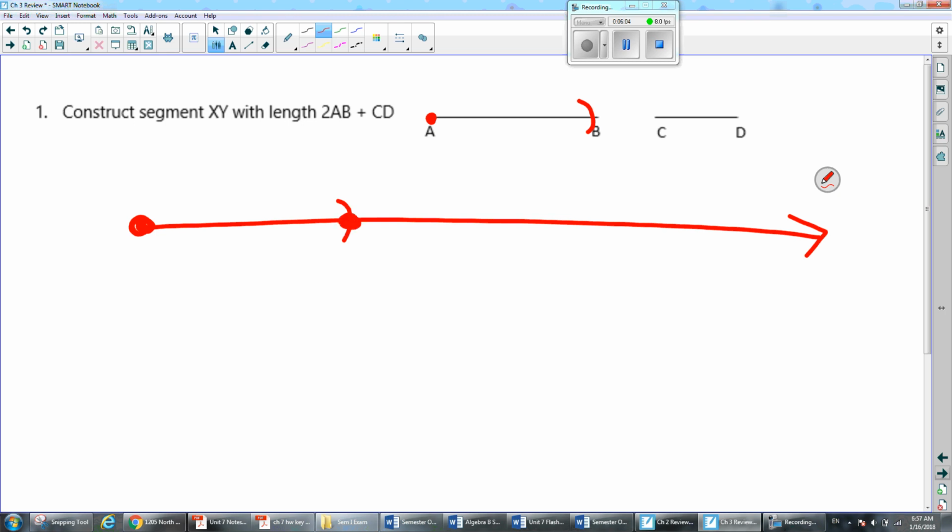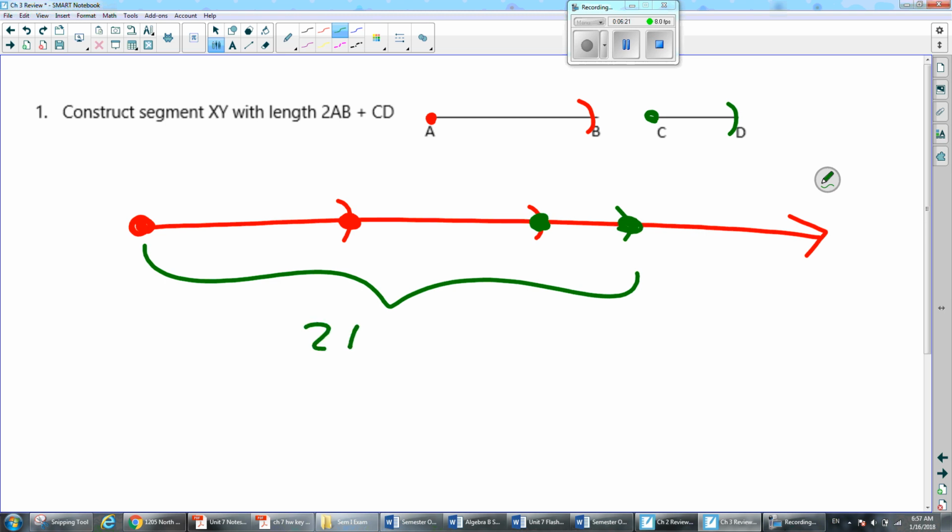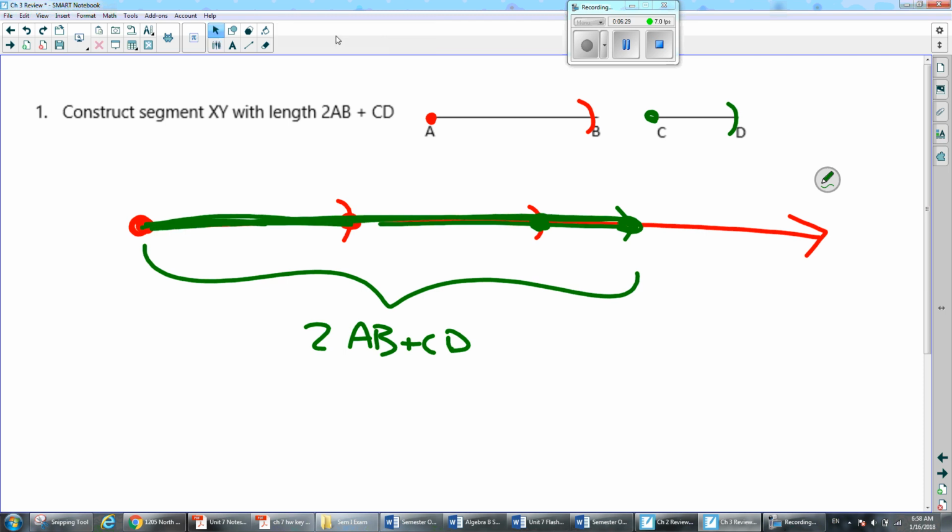Now I'm going to put my golden circle here. There's 2 AB. Then I'm going to put my golden circle back up here, make an arc through D to measure it. Golden circle here, make that arc. So now this final segment from start to end here has length 2AB plus CD. We can bold it and thicken it to make sure I know exactly which part's the segment. All right, then you should be able to handle the rest of the review.